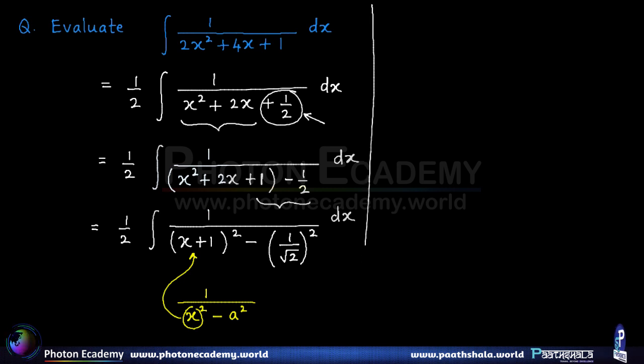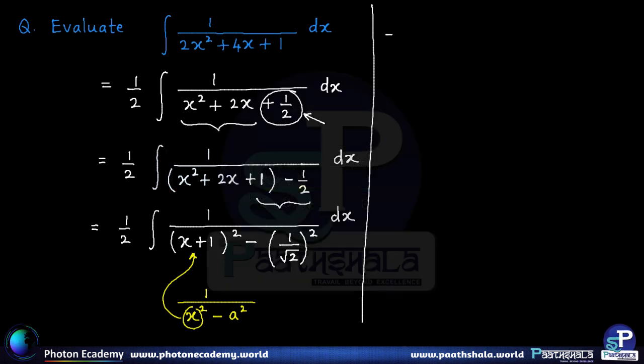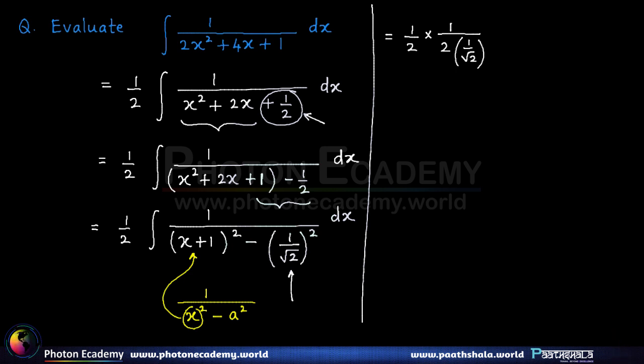So therefore now using the standard result we have the answer as 1 upon 2 multiplied with, in the standard result we have 1 upon 2a, and where a stands for here 1 upon root 2. So therefore we'll write 1 upon root 2. Then we have log of, since it's x square minus a square, we have log of x minus a upon x plus a.